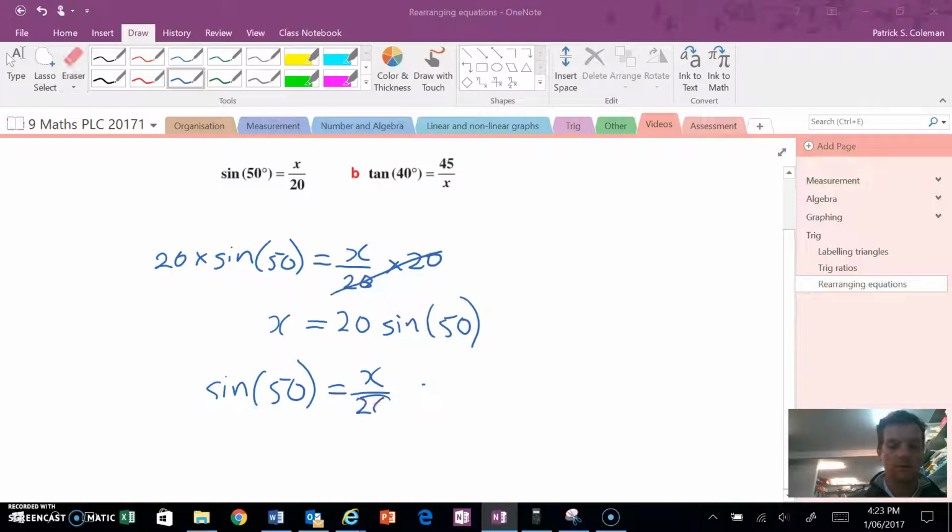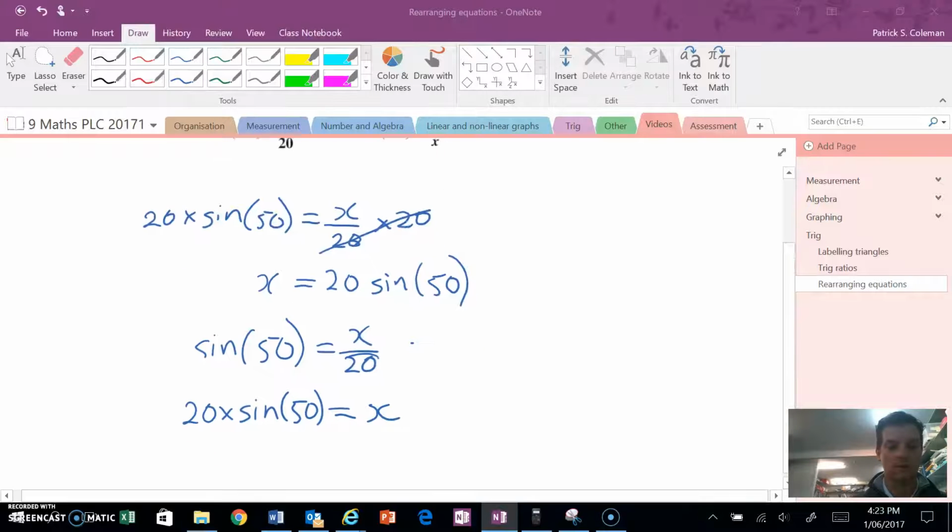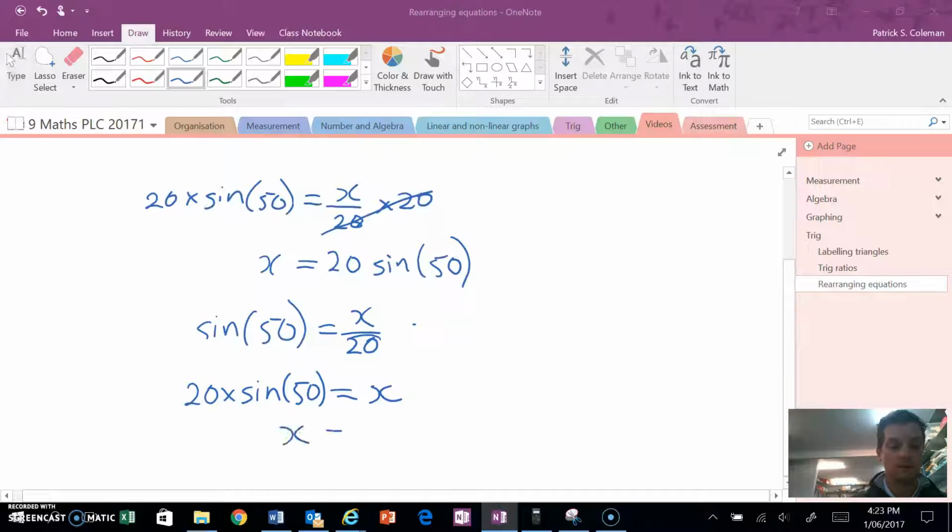So I'm taking the 20 across, so 20 times sine 50, and because I've changed sign, it's equal to x. Again, we put the x on the left-hand side. As we go through, you'll get used to it, you don't need to include this multiplication sign. You can just write 20 sine 50. Okay, so that's our first example.